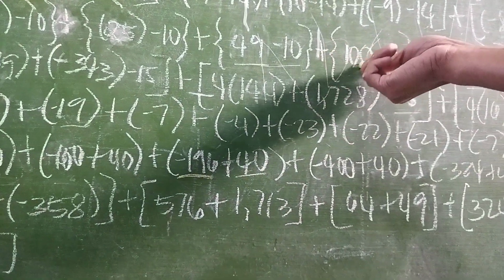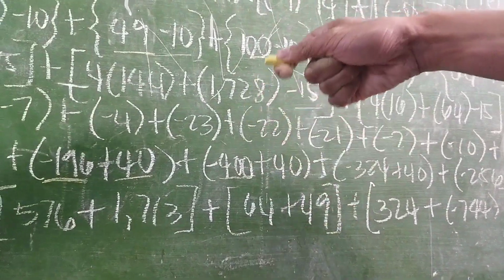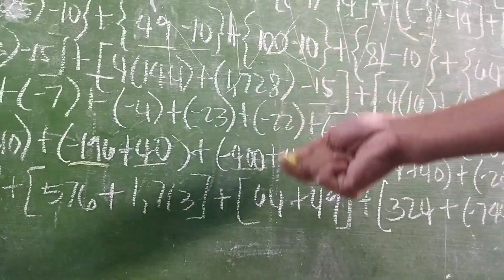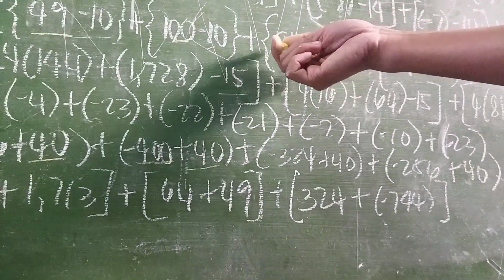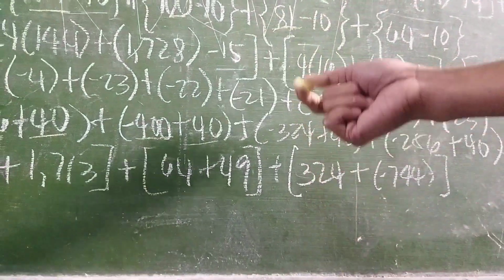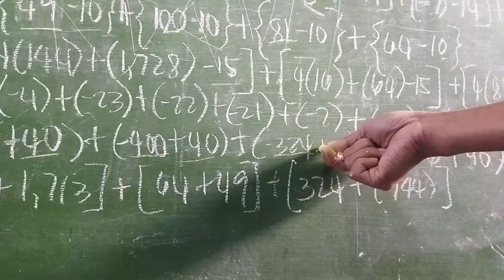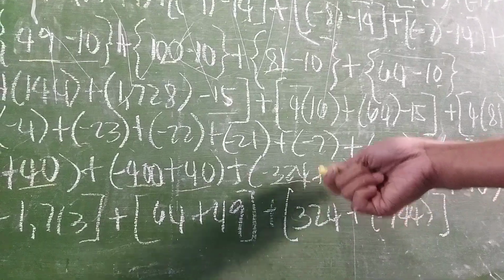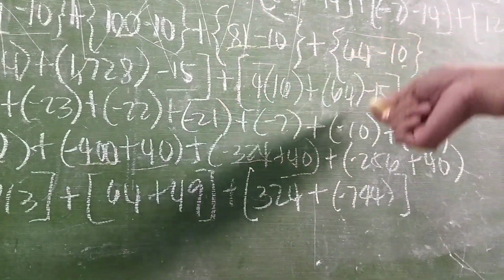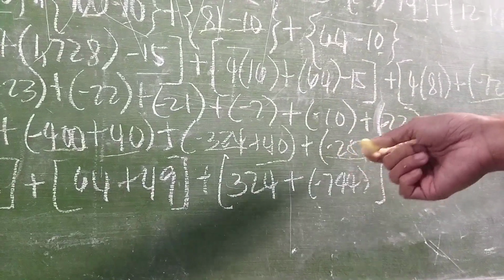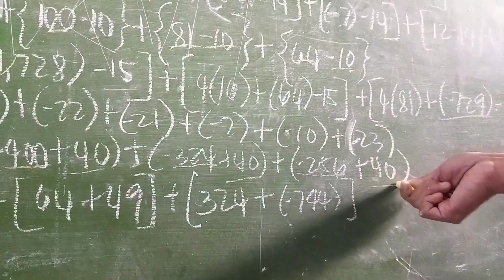Negative 4 times 100 is equal to negative 400, and negative 4 times 10 is equal to 40, plus negative 4 times 81 is equal to negative 324, plus negative 4 times 10 is equal to 40. Negative 4 times 64 is equal to negative 256, plus negative 4 times 10 is equal to 40.